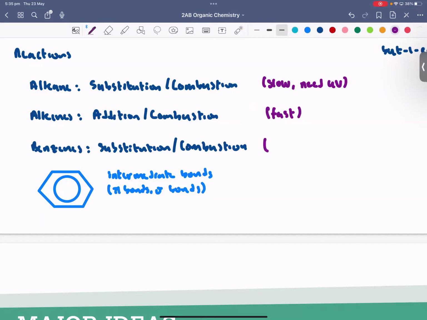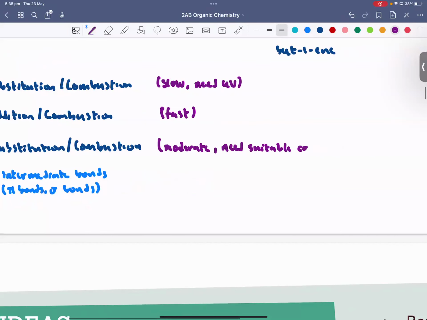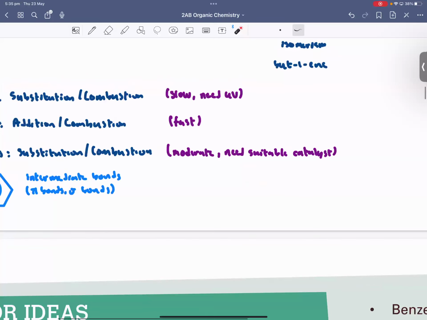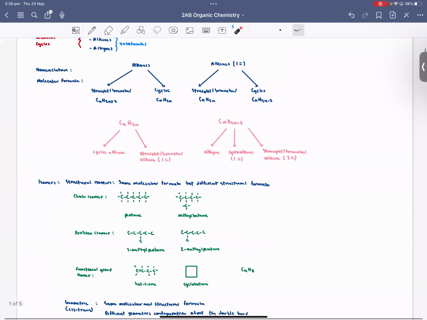And do you know what you need for this? These are moderate. They're not slow, they're not fast, they're just moderate. And you need a suitable catalyst. It's not in your course what that suitable catalyst is, but I've done enough to know it's stuff like FeBr3 or AlBr3, though it's not strictly part of your course. So that, guys, is a summary of all of year 11 organic.